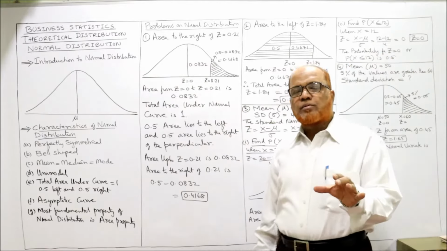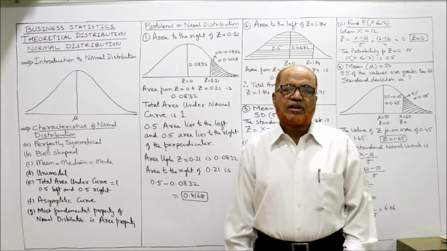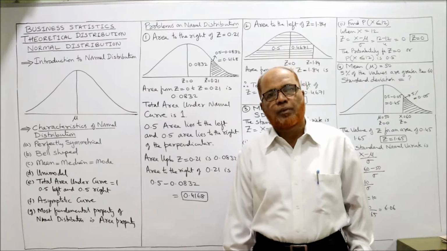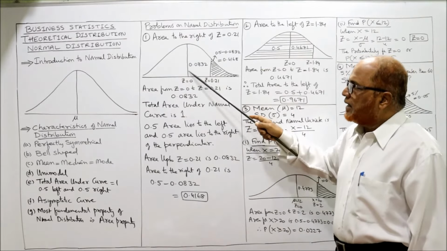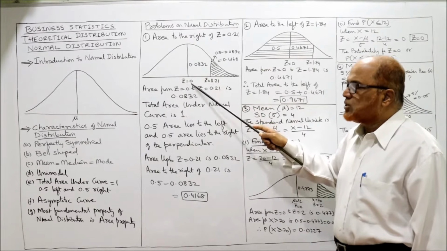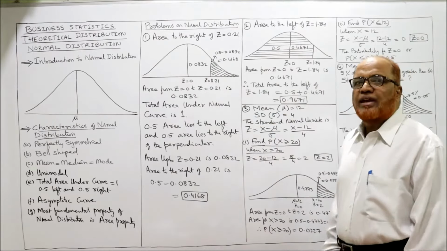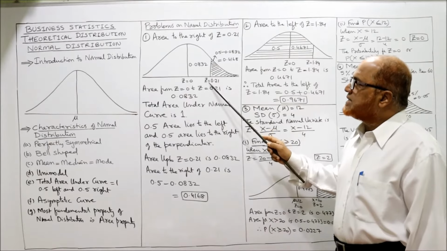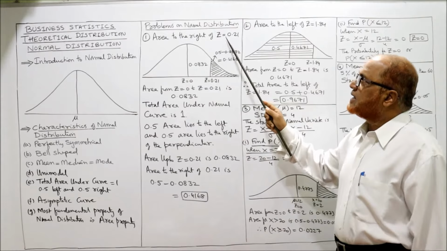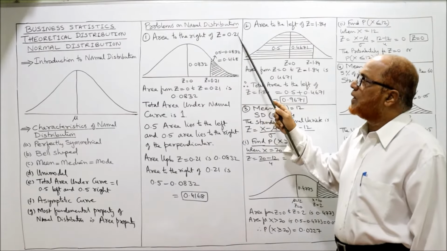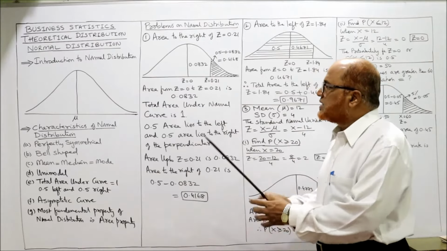Remember, in all the problems of normal distribution, it is better to draw the normal curve. Then only you will be able to understand every problem. So this is the normal curve. The central perpendicular is the mean, where z is equal to 0. Now we need the area for z greater than or equal to 0.21, the area to the right of z 0.21.